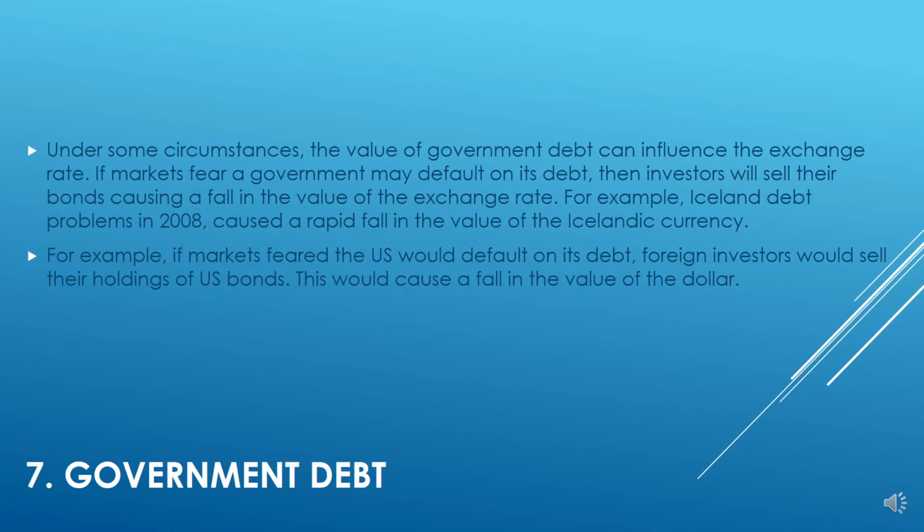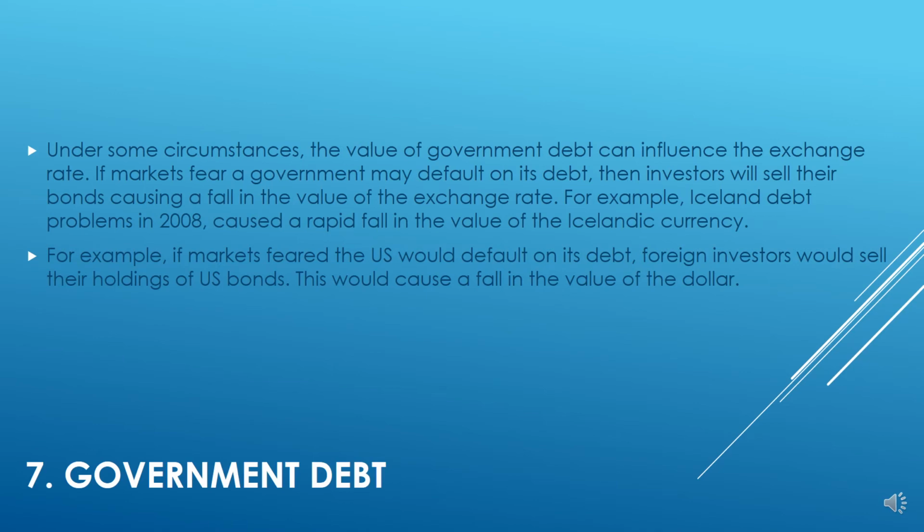Then we come to government debt. So, under some circumstances, the value of government debt can influence the exchange rate. If markets fear a government may default on its debt, then investors will sell their bonds, causing a fall in the value of the exchange rate.